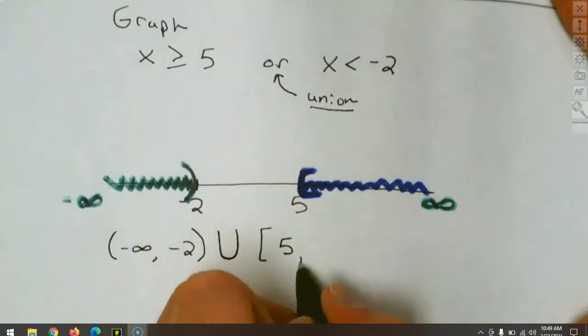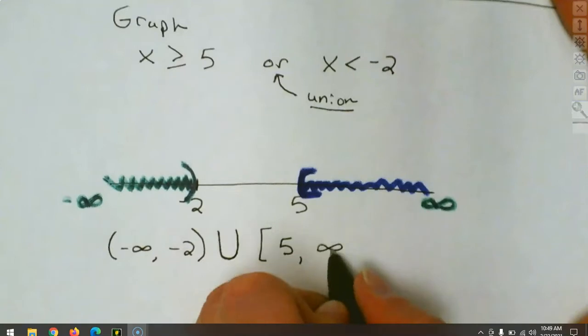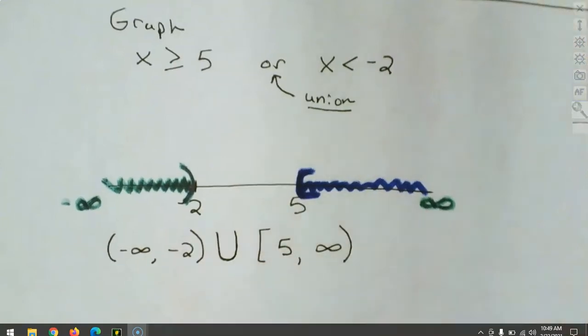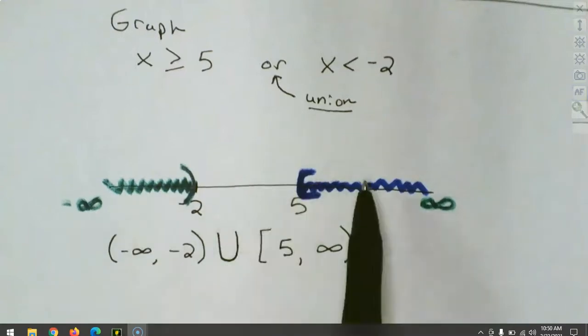Square bracket 5. And where does it go to? Positive infinity. So when you have a union or an or, that means we're putting the pieces together. And that's how we write it. The U is kind of like a plus, but we can't use pluses in sets, so we have to use that U. But it's basically saying this piece plus this piece.